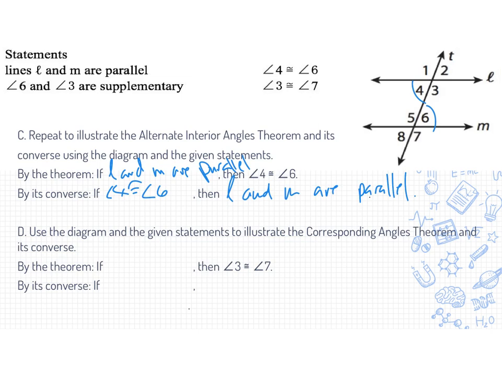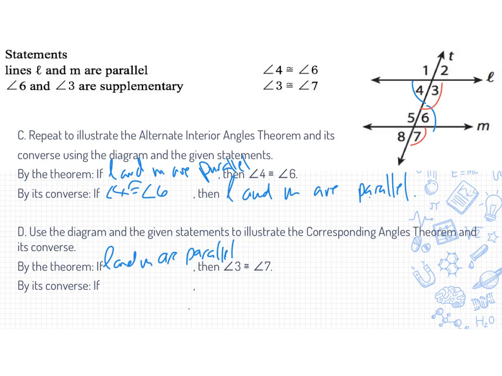And last one here: if L and M are parallel, then angle 3 and 7 are congruent. So angle 3 and 7.